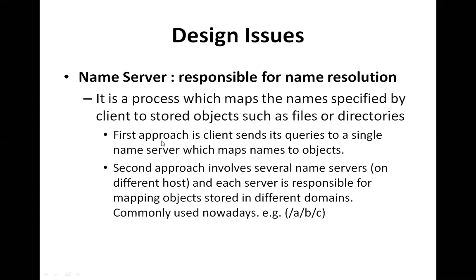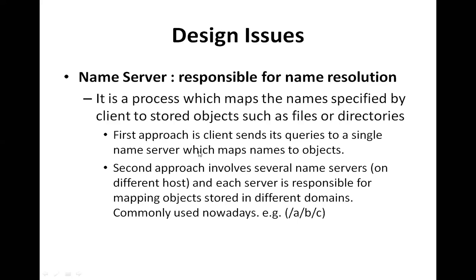And we have two approaches for that. The easiest approach to the name resolution in a distributed system is that all clients send their queries to a single name server which maps the name to the objects.